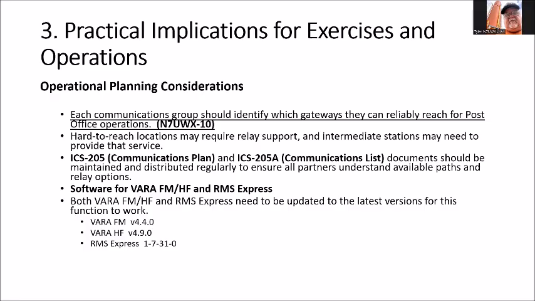Hard to reach locations may require some kind of relay support. Internet stations may need to be provided as a service, because I know there are other gateways in the valley that do support post office box, and maybe your organization would rather support one of them than N7UWX-10, but everybody needs to know that's where you go to get your messages.